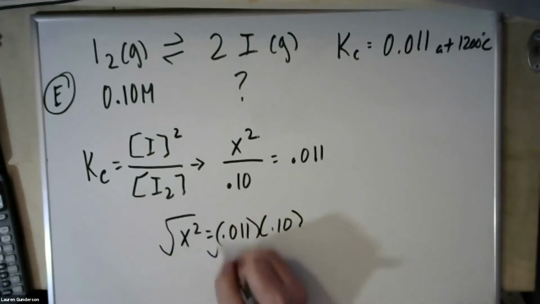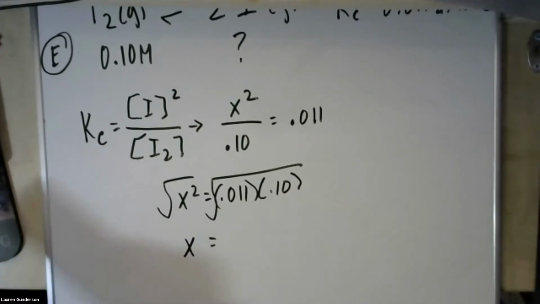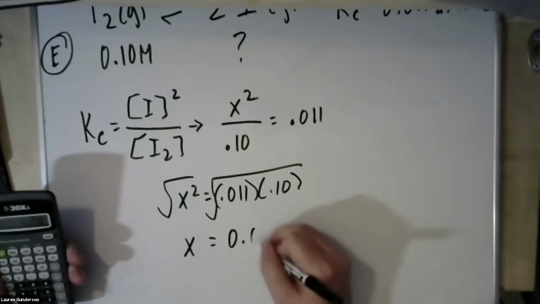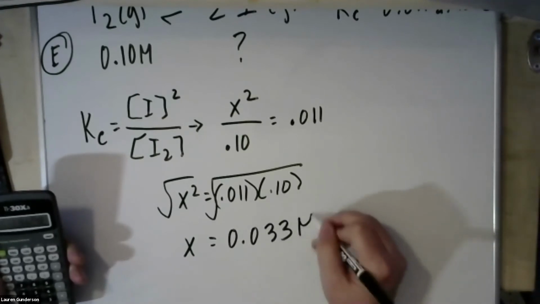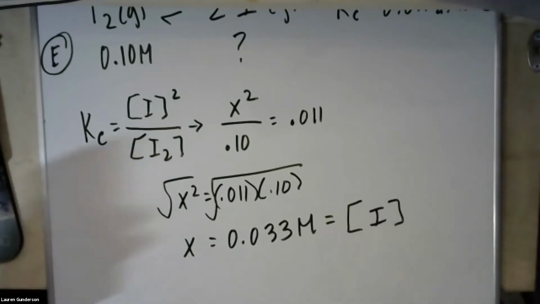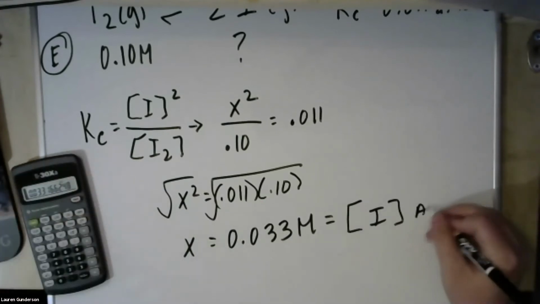And then I'm going to take the square root of both sides. Okay, and I end up with an x value of 0.033 molar, and that's going to be the concentration of the I at equilibrium.